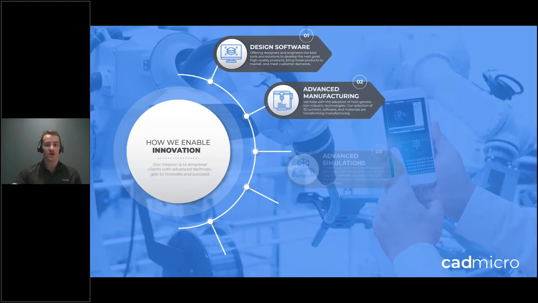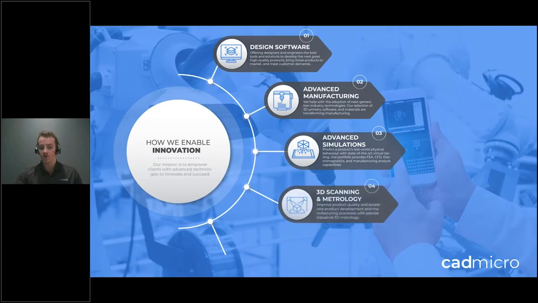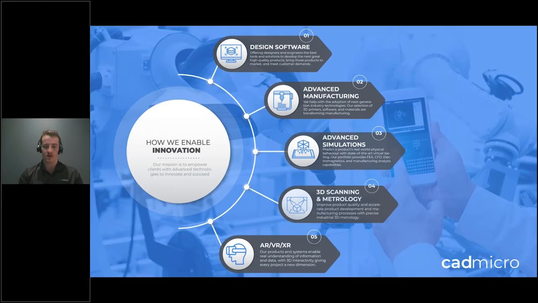We also support advanced simulation, 3D scanning or metrology, and finally AR, VR, and mixed reality. We pride ourselves on providing a wide range of advanced technologies for our clients to help them innovate and succeed in their business. If you have any interest in any of these technologies, please feel free to reach out, and we would be happy to take a bit of a deeper dive in each of these areas.